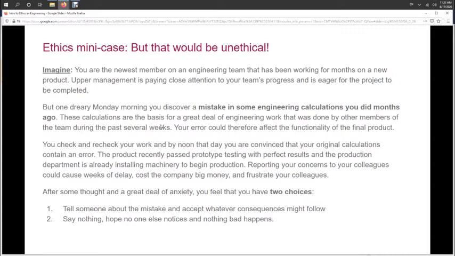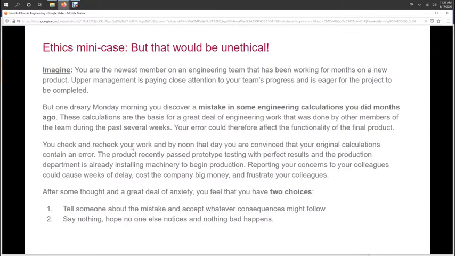If you report this possible mistake, or what you believe is a mistake, you will not be a popular person at the company. You will hold up the progress towards producing this product. You put a great deal of thought into it, had some anxiety, and you feel you have two choices. You could tell someone about your mistake and accept whatever consequences follow, or you can say nothing and hope no one notices and nothing bad happens.